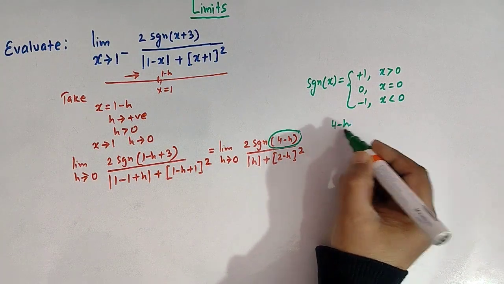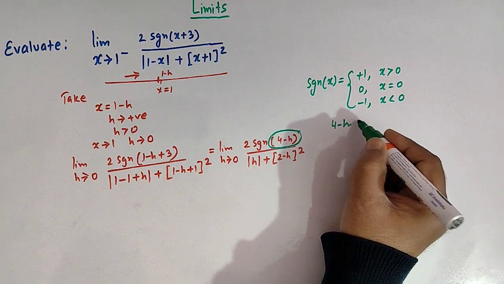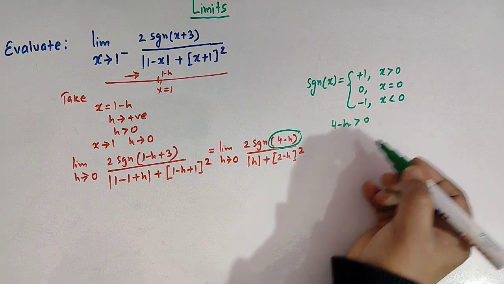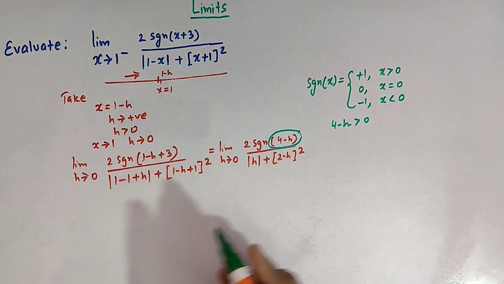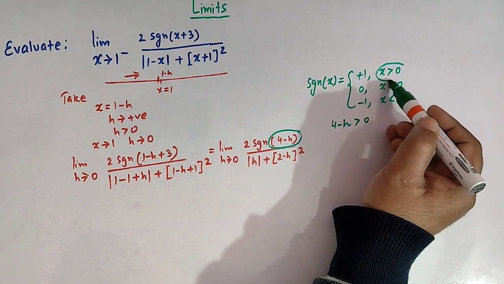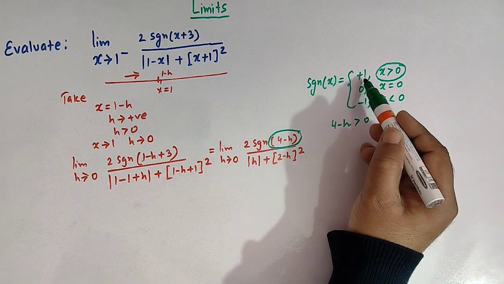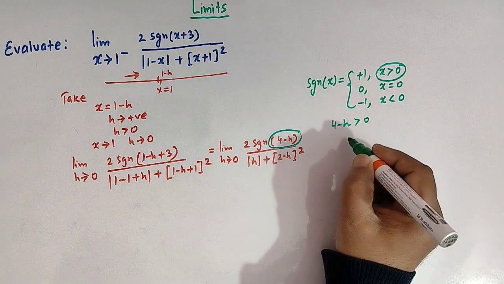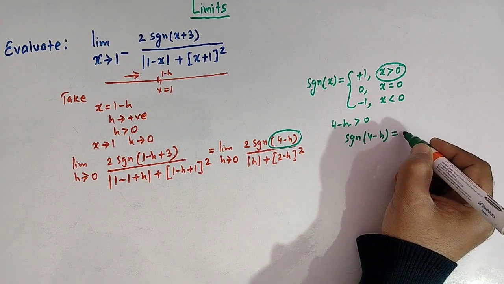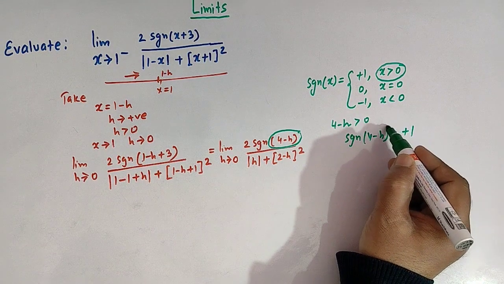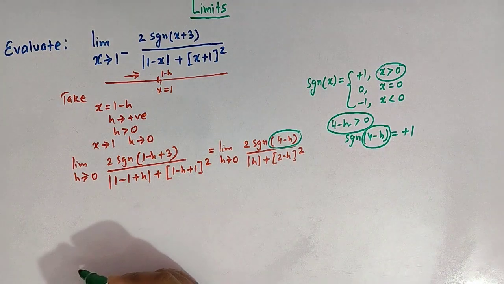So when we subtract h from 4, 4 minus h is obviously greater than 0. And whenever x is greater than 0, signum of x takes the value plus 1. So signum of 4 minus h is always equal to plus 1.